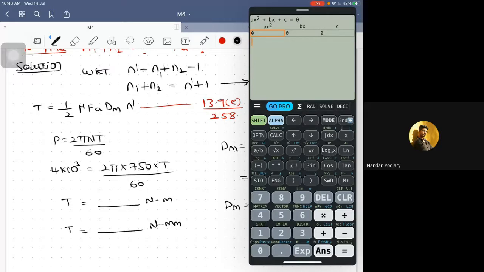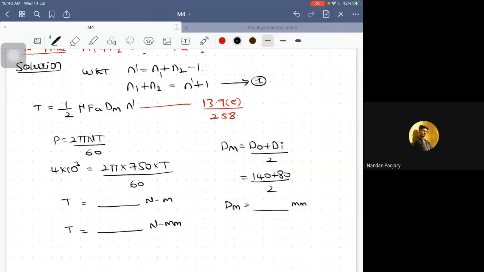So torque is 50.92 Newton meters. In Newton mm, it would be 50.92 into 10 to the power of 3 Newton mm. So now, can I have the value of mean diameter?